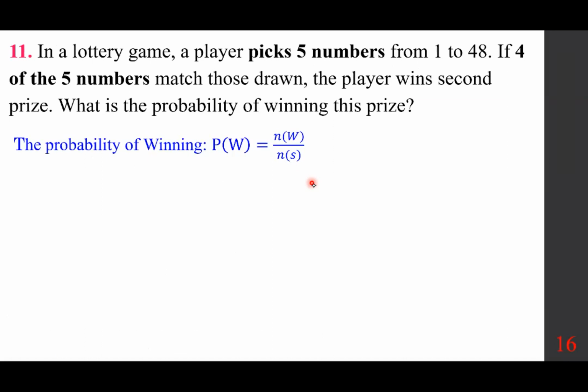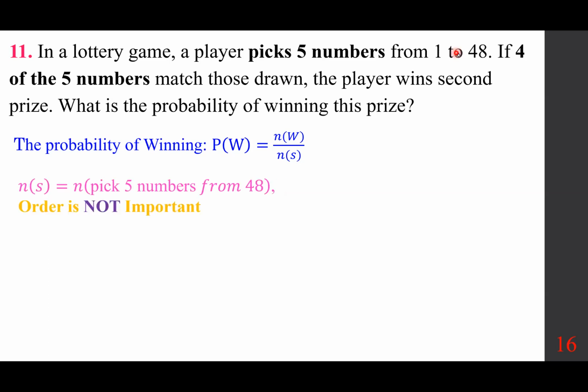So first, I'd like to discuss the denominator, as I've said before. So I want to come up with N of S. N of S, we are picking 5 numbers from 48. That's what we want to do. Order is not important. We just want to pick 5 numbers. And that makes it a combination.